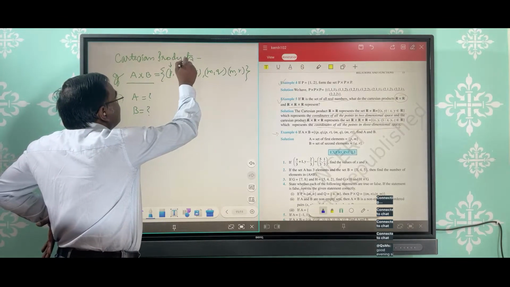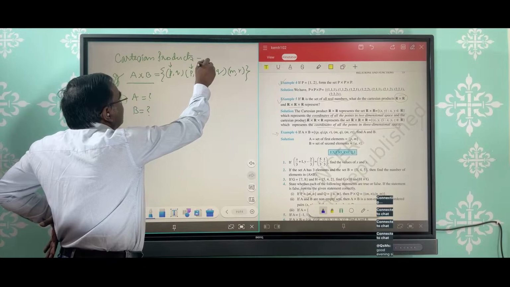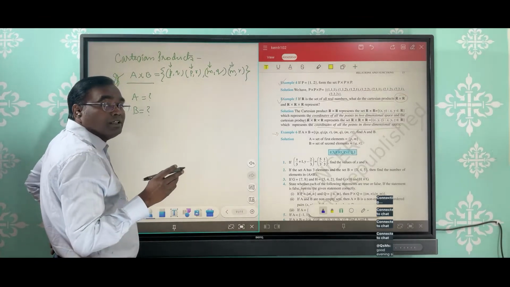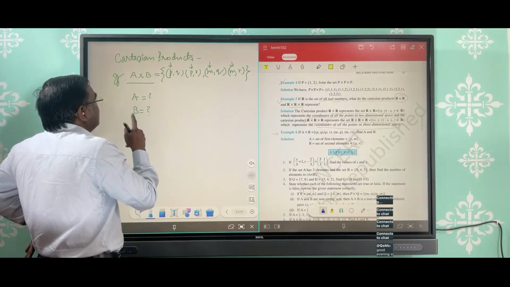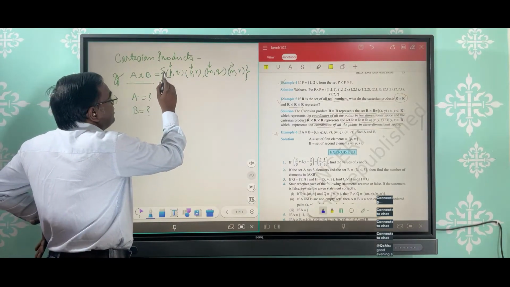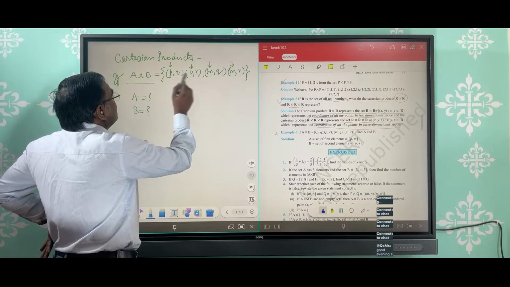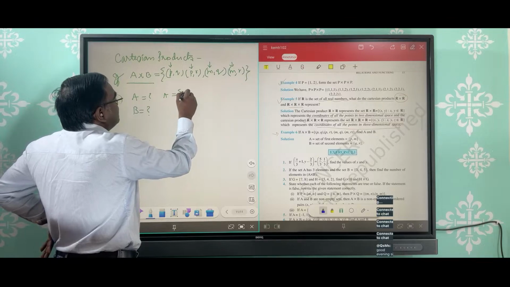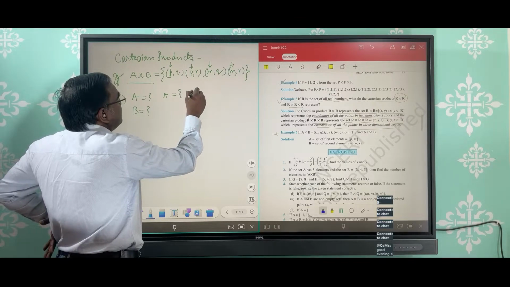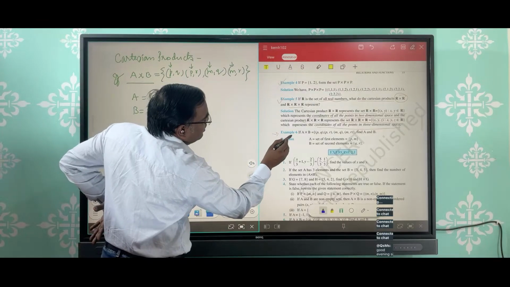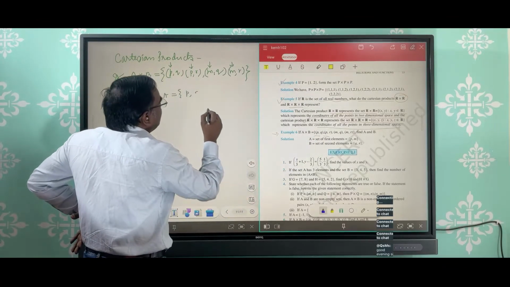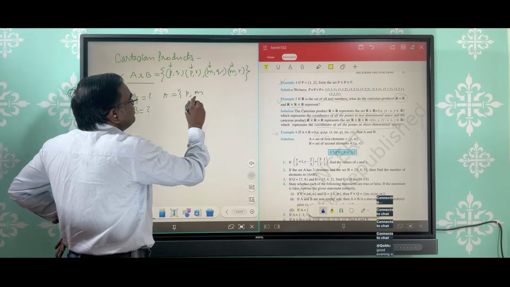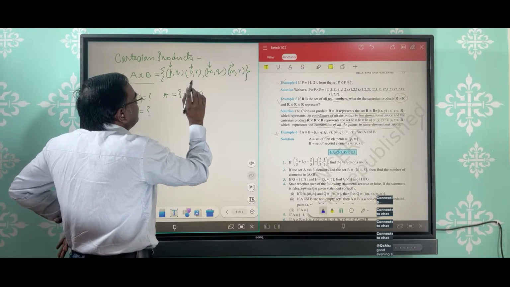Each first element of the pair belongs to the first set, that is A. So A is nothing but the set of P, M. P is being repeated, so I will not write it again.